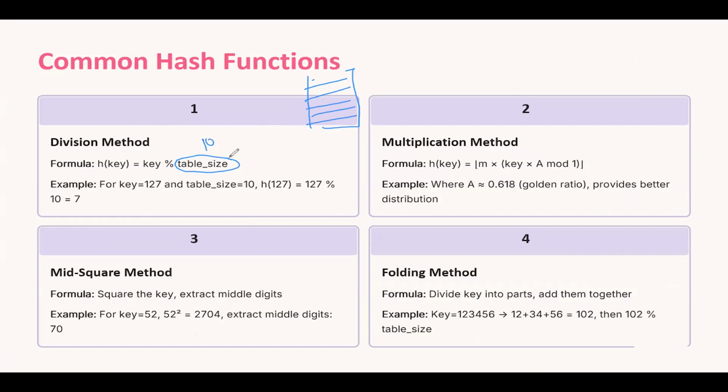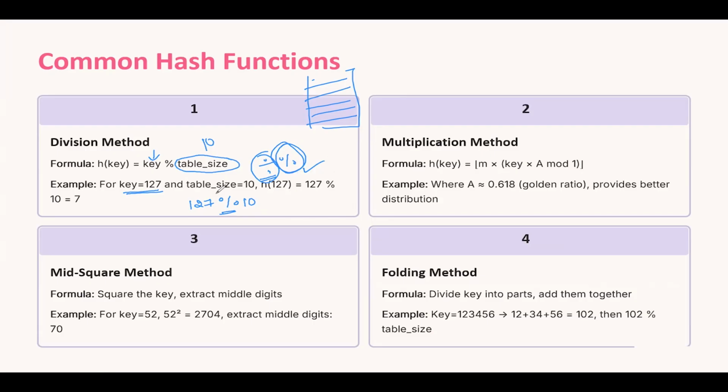If it is 10, then every key value I am going to divide by 10. See here, if the key value is 127, the mod operation is used with 10. Now mod, I hope all of you know the difference between division and mod. Unlike division, the mod always gives us the remainder.